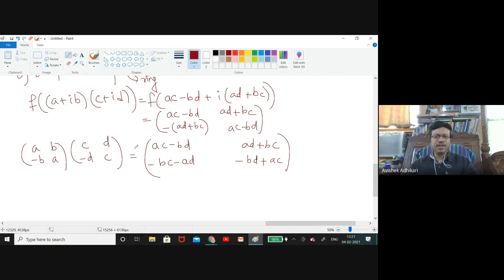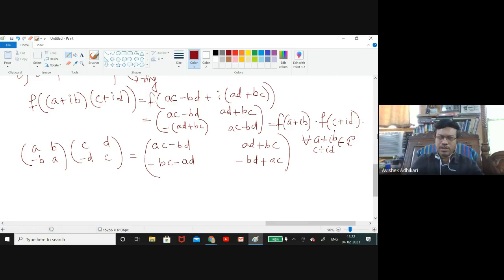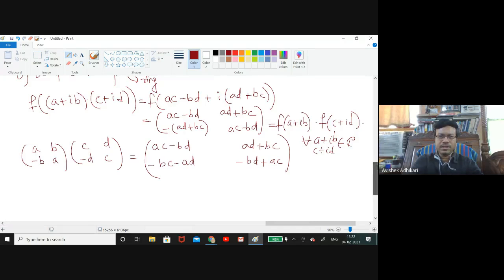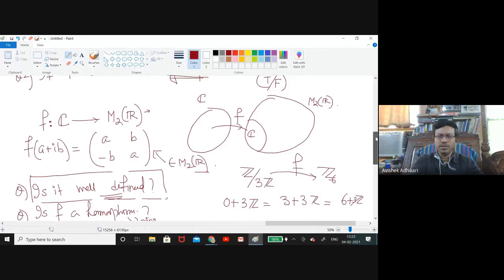This is nothing but f of (a plus ib) into f of (c plus id), and this is not for any particular a, b, c, d. This is for all a plus ib and c plus id belonging to C. So now you can see that this is a ring homomorphism.